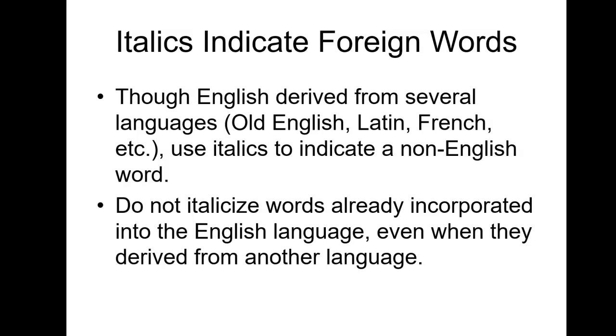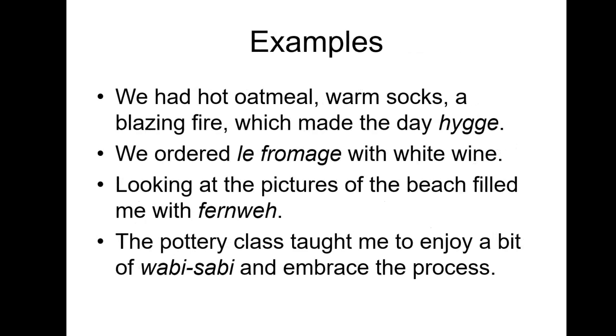So the way that we indicate that we're using a word that's not an English word is that we italicize it. Words that are already incorporated into the English language, officially in the English language, we don't need to italicize. We just need to italicize the words that are currently not part of English so that we can highlight those.